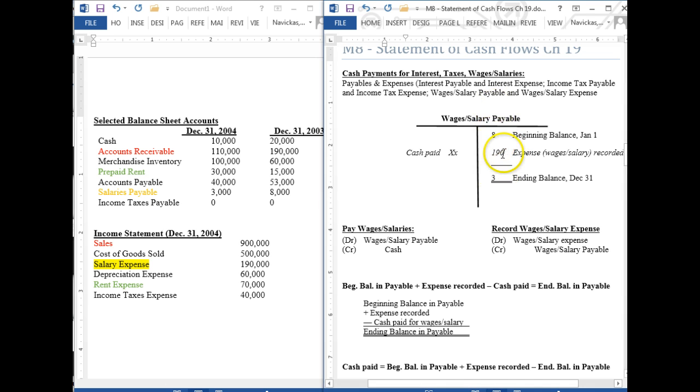So we got 198 minus 3 gives us 195. Or we could be consistent and keep saying 8 plus 190 minus x equals 3. And so there we have our 198, 195.